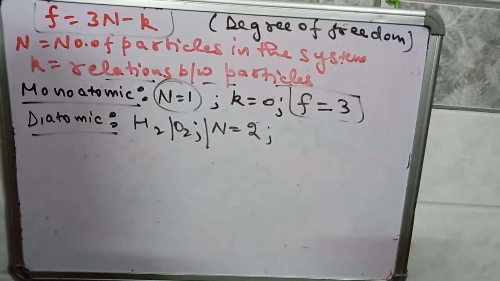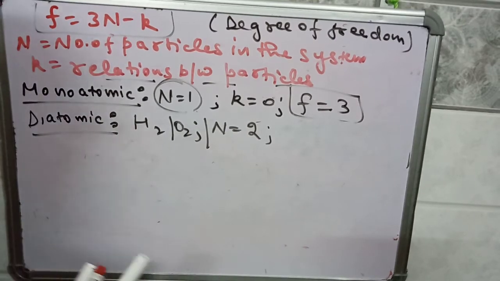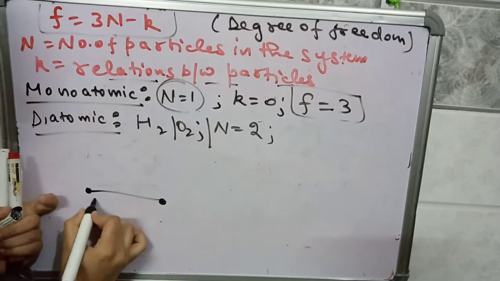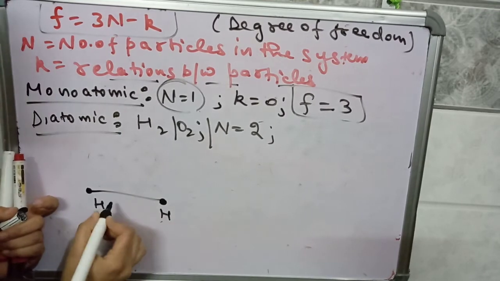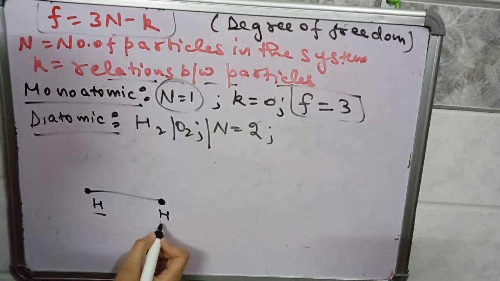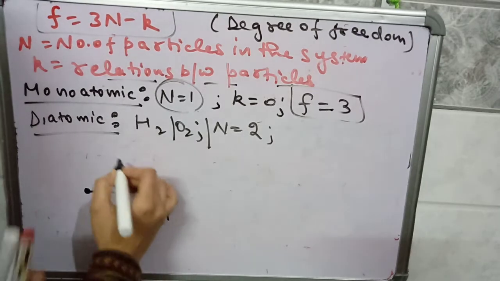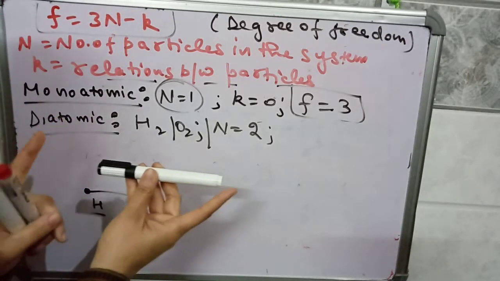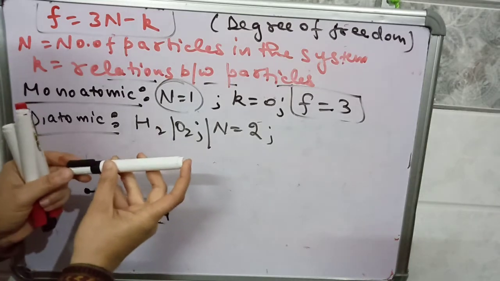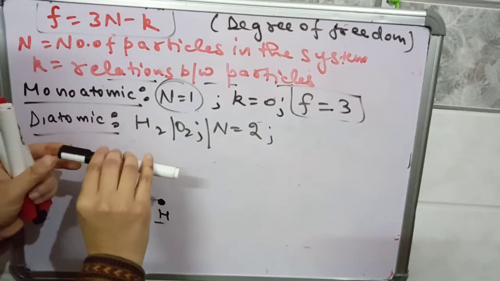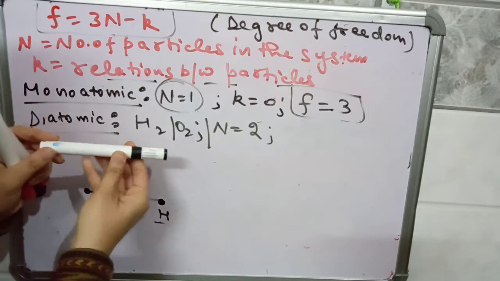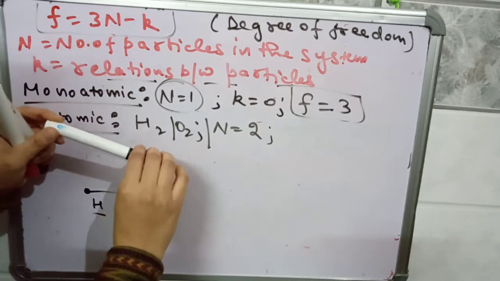Okay, for a diatomic gas like hydrogen gas and oxygen gas, there is a diatomic gas, for example hydrogen. Here one atom of hydrogen is present and this one is the other atom. So how can this rotate? If hydrogen is present at both these ends, suppose, how can this rotate? It can rotate like this, and it can rotate like this also.